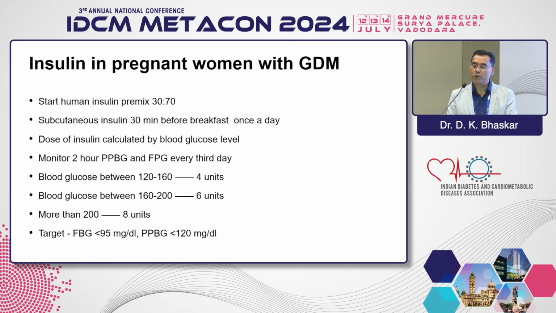Monitor 2-hour postprandial sugar and fasting sugar; if the blood glucose level is between 120 and 160, give 4 units. If it is between 160 and 200, give 6 units, and if more than 200, you can give 8 units. And the target values we have already discussed.